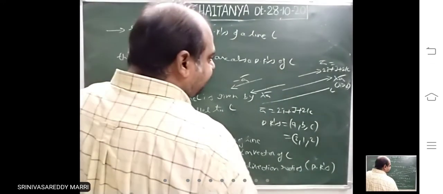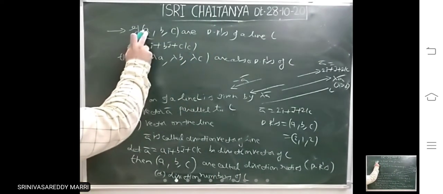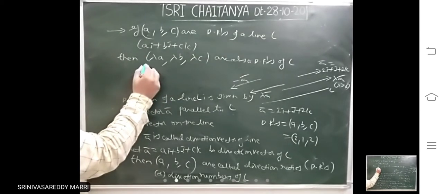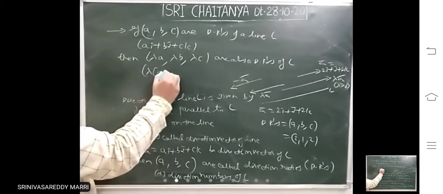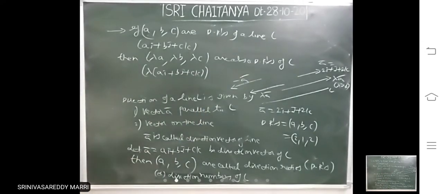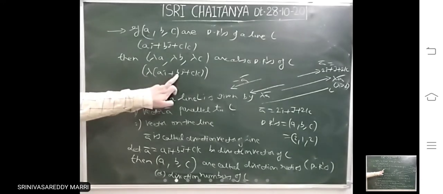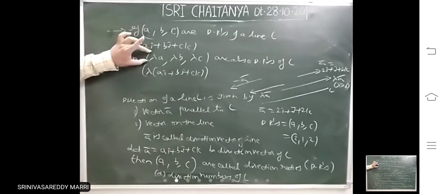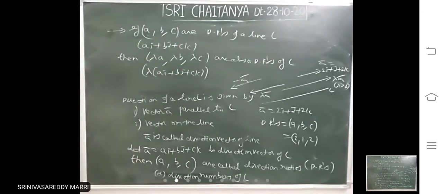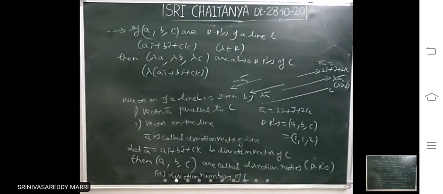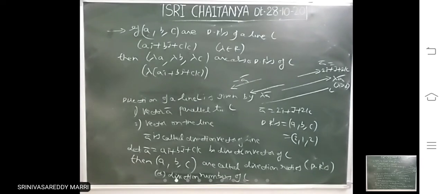Now look at, suppose this is AI plus BJ plus CK, if this is A bar, then the collinear vector is lambda A I plus lambda B J plus lambda C K. That means if you write the coefficients of this, you will get lambda A, lambda B, lambda C. If these are the DRs, and we multiply with any constant of your choice, lambda any real number, then those are also considered as DRs of that line.